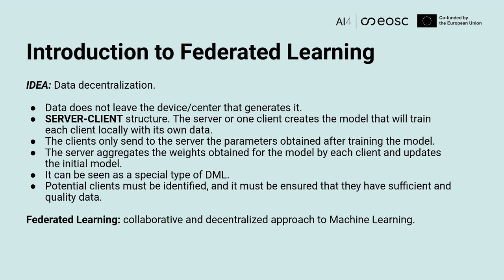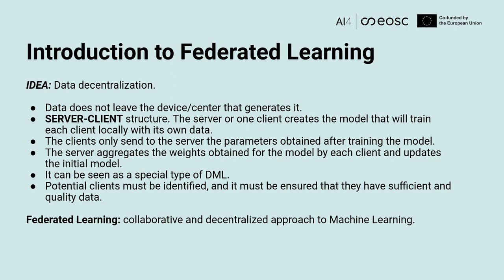So the clients will train the same machine or deep learning model locally with their own data, without the data leaving the institution, the device, the terminal that has generated it, and they will send to the server only the parameters obtained when the model is trained, the parameters or the updates of the parameters.